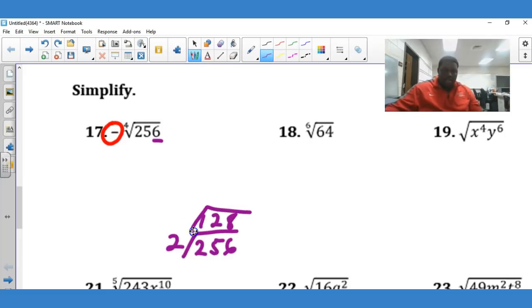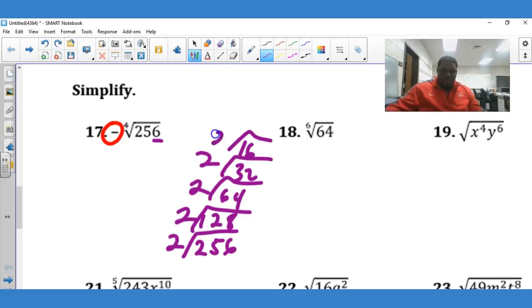Divide by 2, 64. Divide by 2, 32. Divide by 2, 16. Divide by 2, 8. Divide by 2, you get 4. Divide by 2, you get 2. Divide by 2, you get 1. So now, the index is 4.